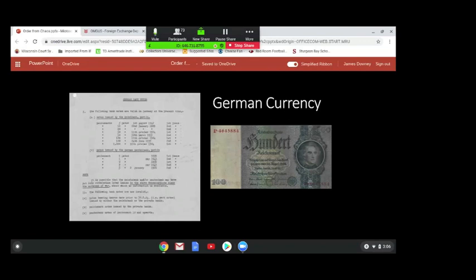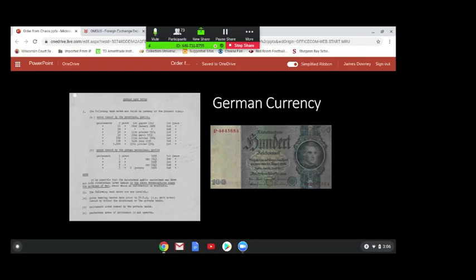And the initial response from SHAEF's currency section was, we'll let you know when we find out, because they were just as in the dark as everybody else was about what the currency situation was.